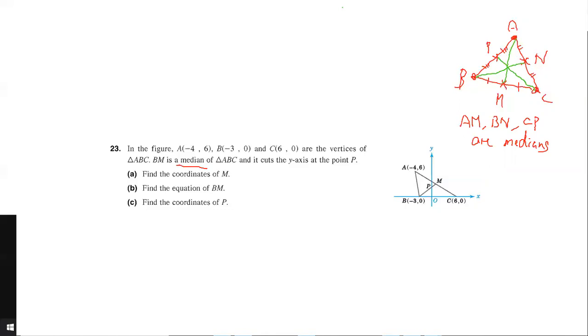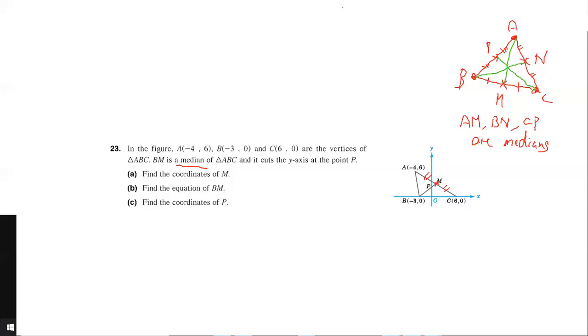Okay, so if BM is a median and it cuts the y-axis at the point P, find the coordinates of M. If BM is a median, which means that M is the midpoint of AC. It's okay? 認住呢個字啊，median 啊，OK?